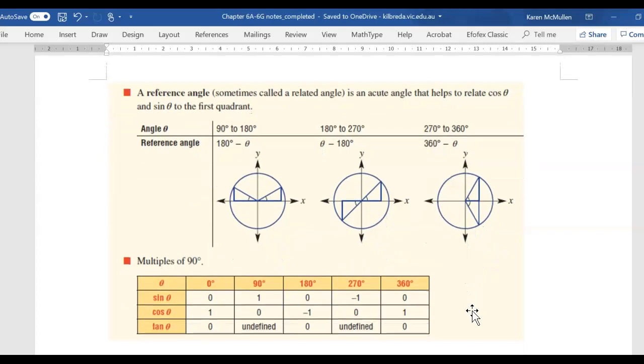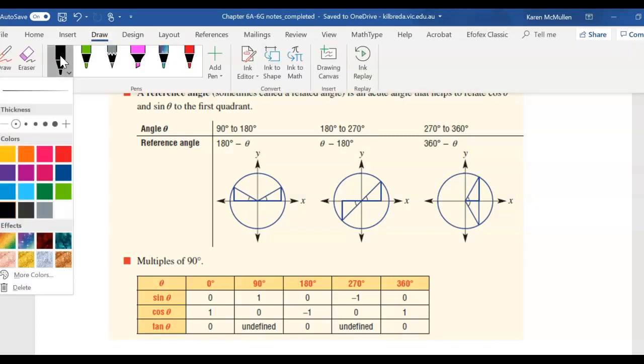Okay, so your reference angle, we always go from the horizontal. So you can see in these three diagrams, we're going from the horizontal, from the x-axis. So these are in degrees, but I probably should also write them in radians.